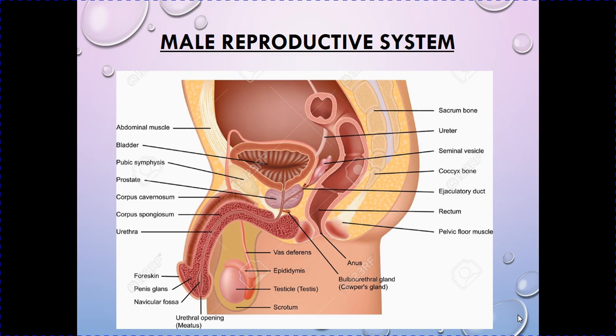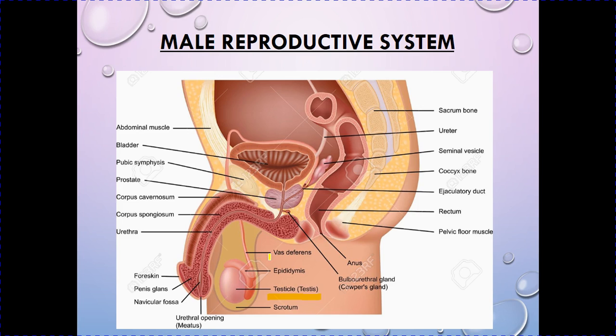The male reproductive system, this is the introduction. The male reproductive system comprises four components. It comprises a pair of primary sex glands which are called testes, and a system of genital ducts.